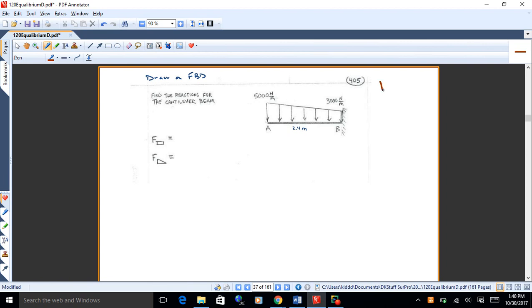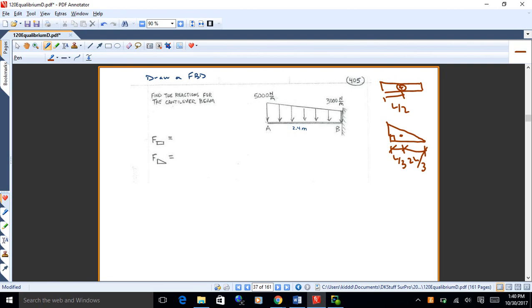If you've got a rectangular figure, the centroid's in the middle. If you've got a triangular figure, the centroid's at a third of the distance over from the right angle, which means it's 2/3 of the way over from the vertex. So that's where the centroids are.